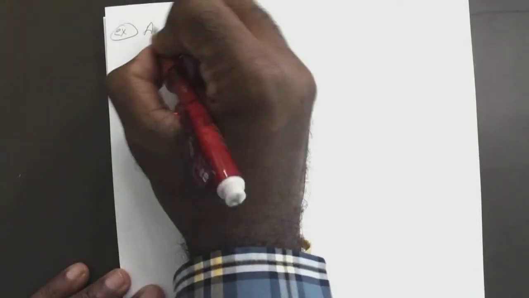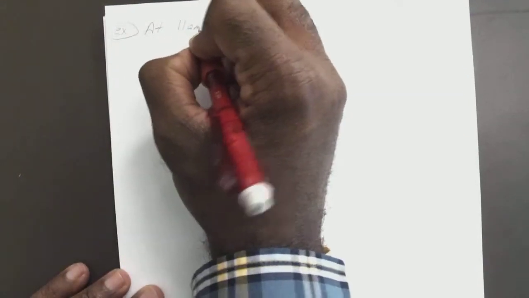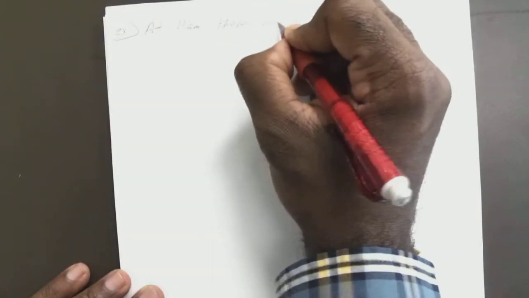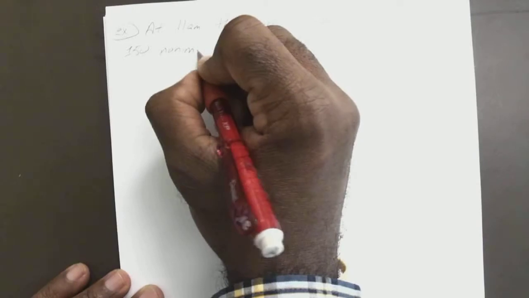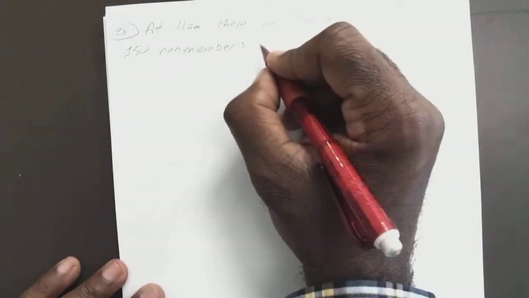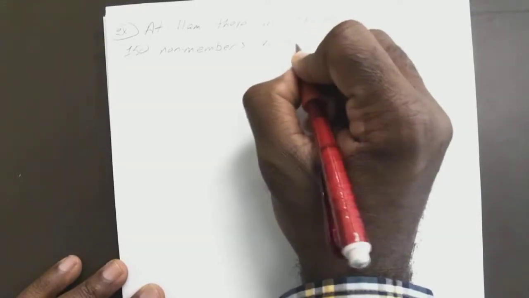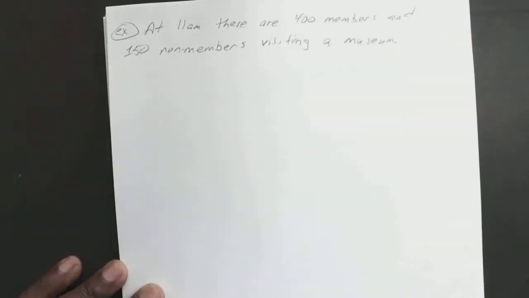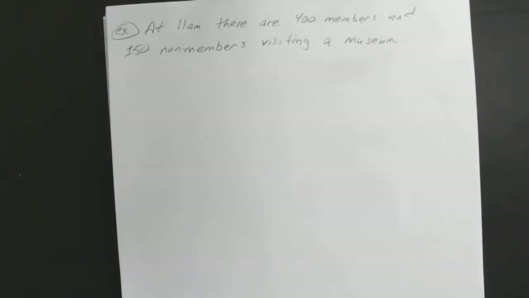Okay, so let's say, for example, at 11 a.m., let's say there are 400 members and 150 non-members in a museum. Okay.